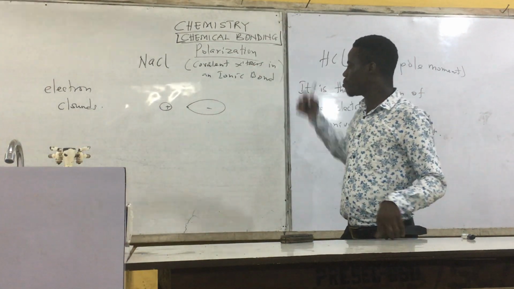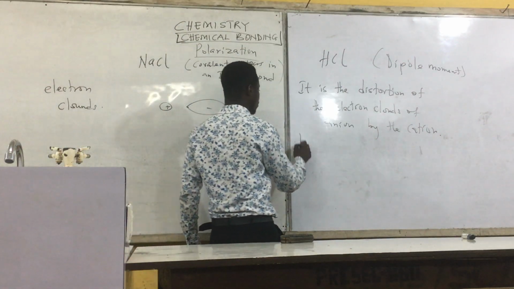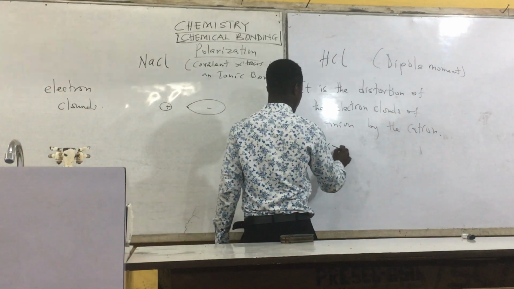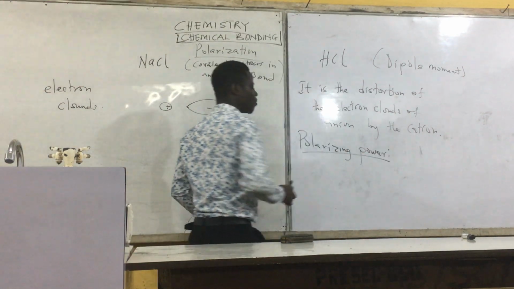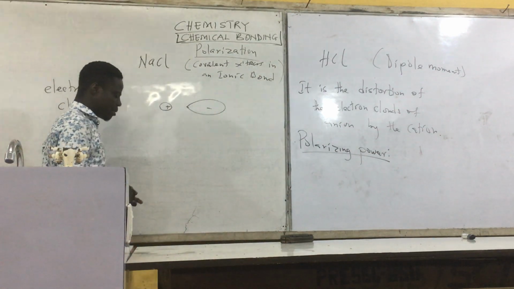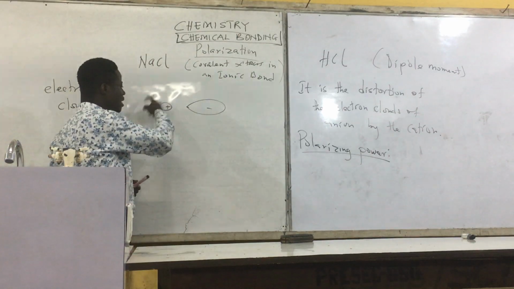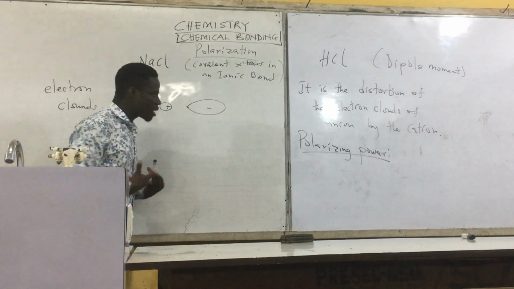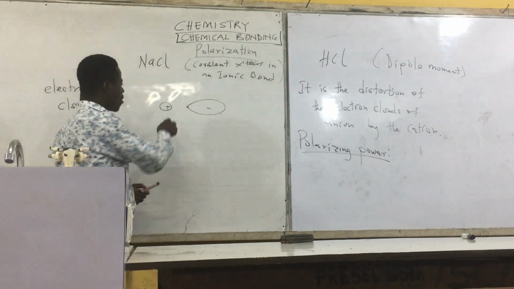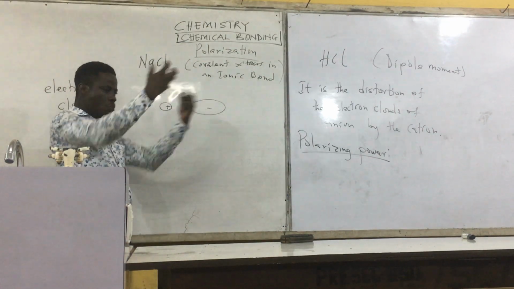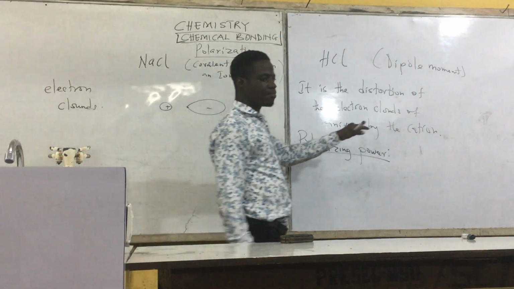But under this polarization, we have some terminologies like polarizing power. What do you mean by polarizing power? It is the ability of this cation to pull the electron clouds of the anion towards itself. That is what we call polarizing power.